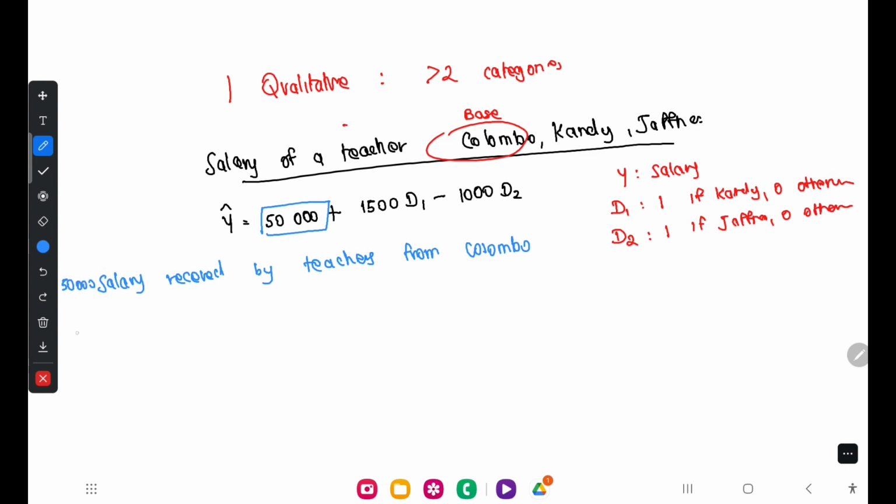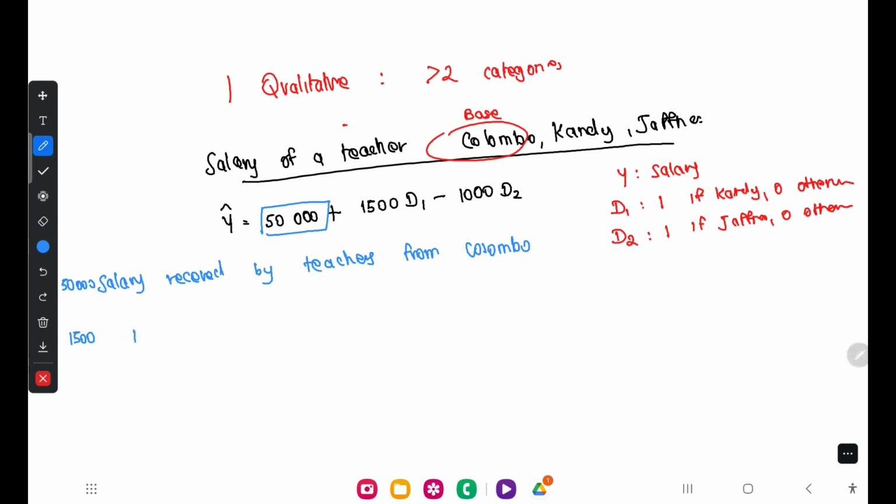Then what does this 1,500 indicate? That means if the person is from Kandy, then he will get 1,500 more than a person from Colombo, right? What did we say before? That's the increase in whatever y value in comparison to the reference category.